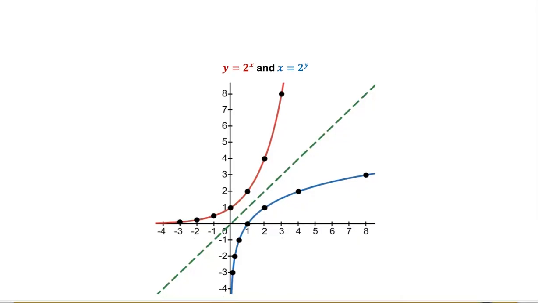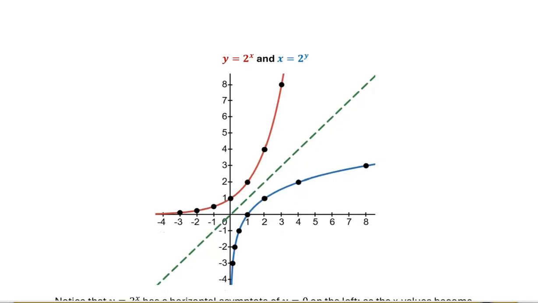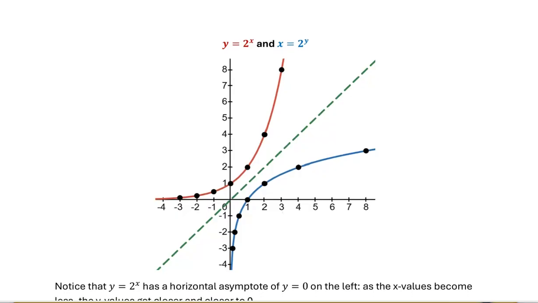So notice the red is y equals 2 to the x, and the blue is the inverse, which would be x equals 2 to the y. The x and y coordinates switched. And scroll up just a little bit.